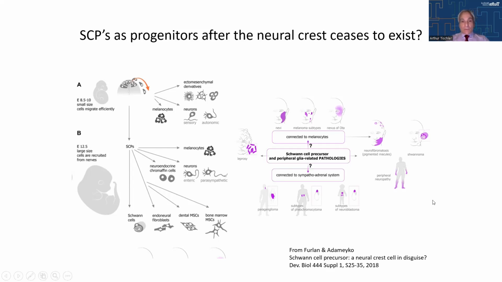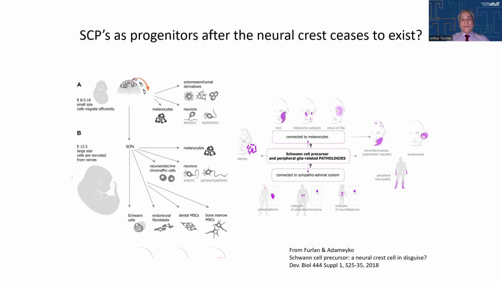And the clinical importance, or potential clinical importance, of Schwann cell precursors is that they serve as a potential reservoir of neural crest cells after the neural crest ceases to exist. And in that capacity they serve a function for expansion and diversification of the cell populations in neural crest-derived tissues.